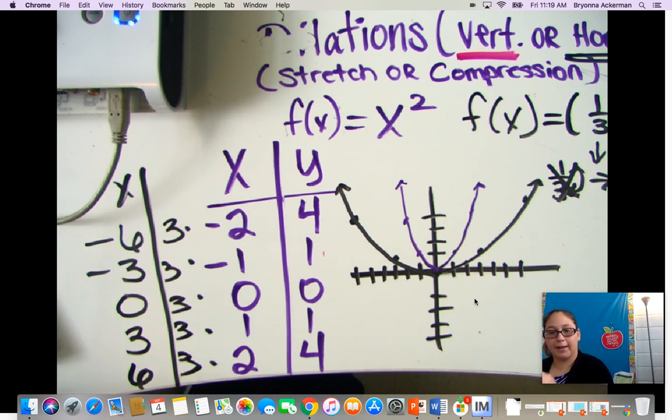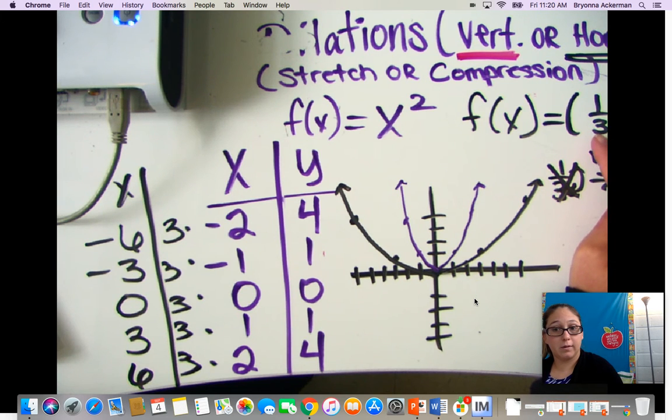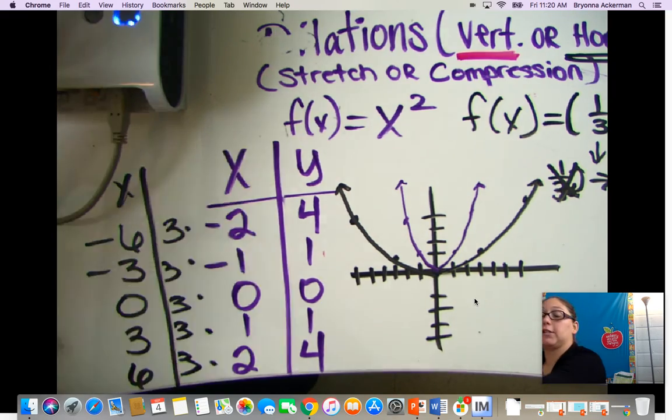And why? Well, because I took my x values and I multiplied them by 3. And so that stretched it horizontally. So anytime you have a fraction, remember the fraction is doing the opposite and it's stretching it horizontally. And so that made it wider.